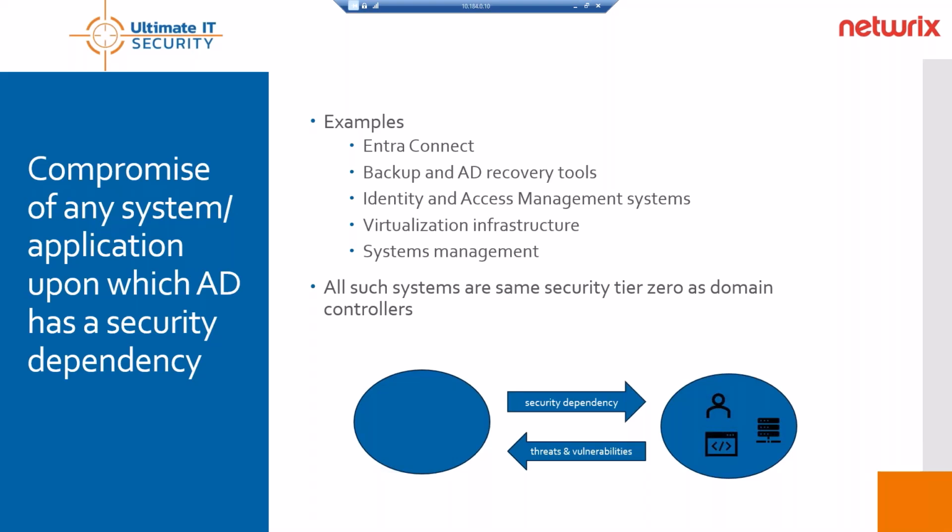So what are some examples? Well, let's say you have your on-prem Active Directory integrated with Entra running up in Azure, and you're doing that with Entra Connect, and that's a good thing. But just be aware, whatever server Entra Connect is running on, that server is a tier 0 server.